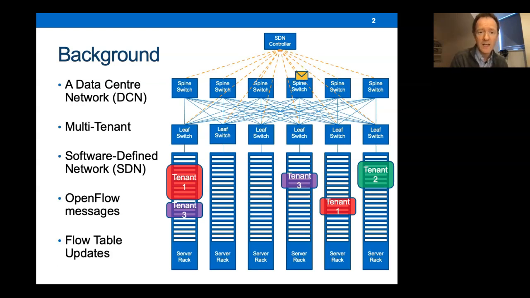And the flow tables, that's where the policy of the network is essentially implemented. The flow tables might be updated proactively to correspond with tenant changes, or reactively to correspond with flow arrival and departure.